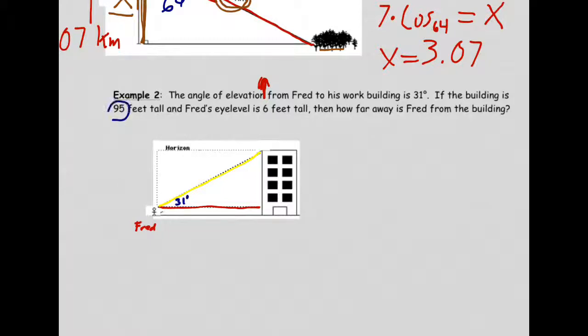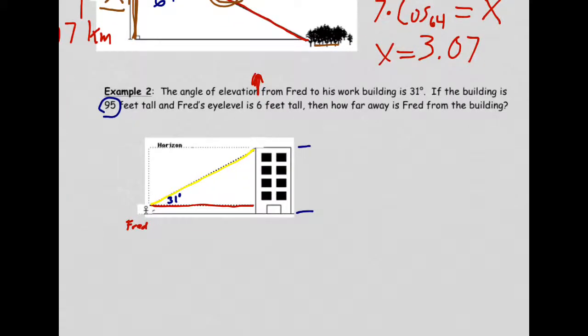All right, so let's take this 95 feet tall. 95 feet. And Fred's eye level is 6 feet tall. So there is 6 feet of this 95 feet that is just Fred's eye level.